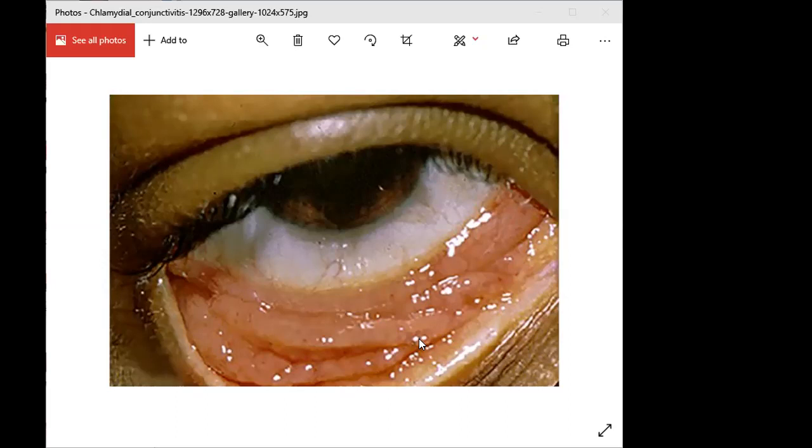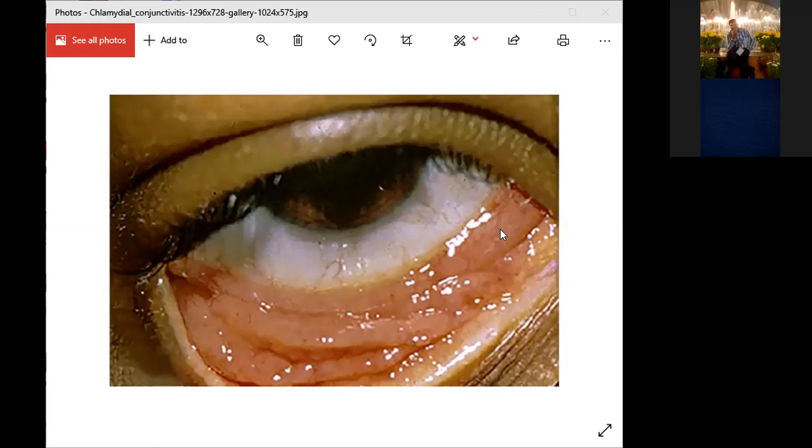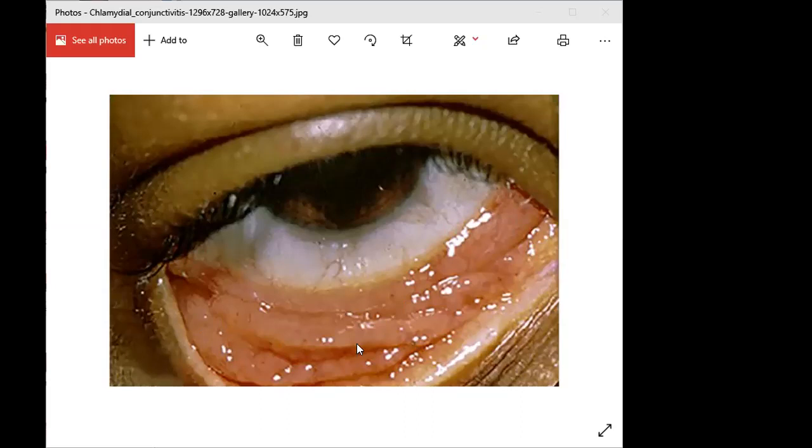Trachoma is nothing but a conjunctival inflammation due to chlamydia, where the superficial epithelium is involved. If you see here, the superficial epithelium of the lower lid is involved. Trachoma can involve any lid, upper or lower, but usually it is the upper lid only.